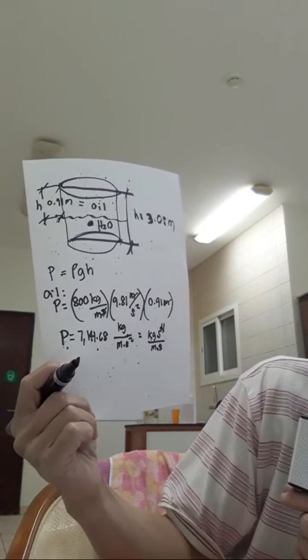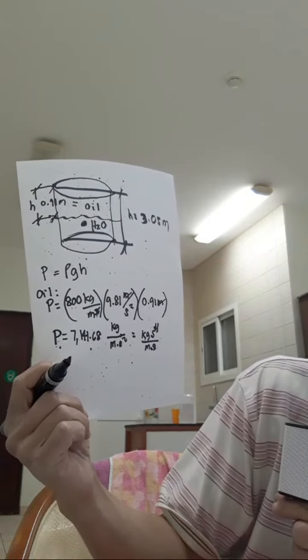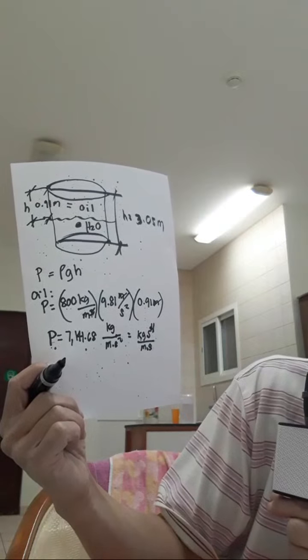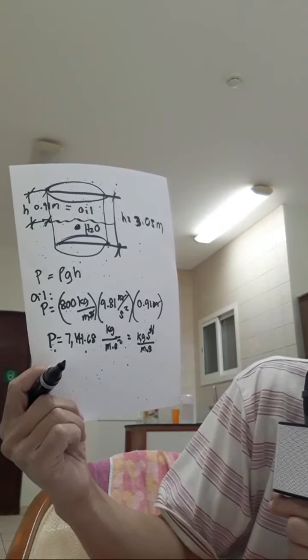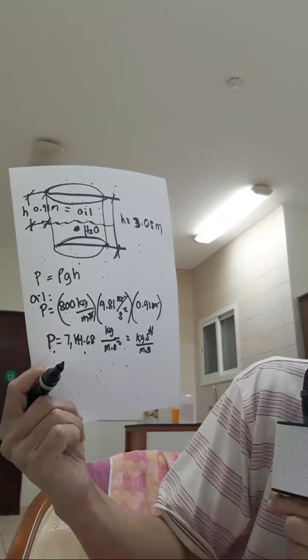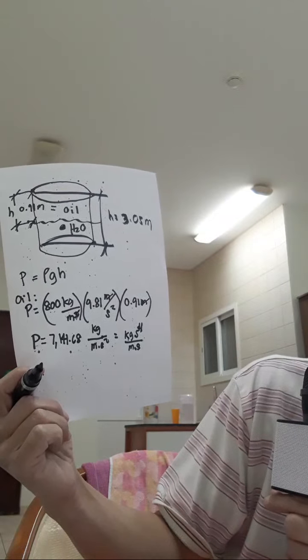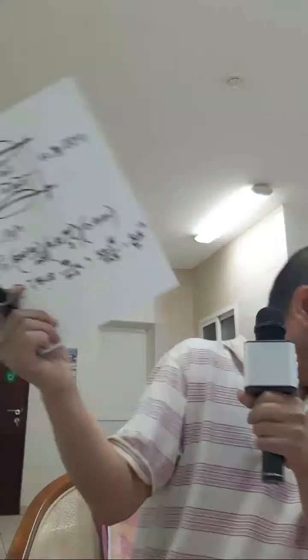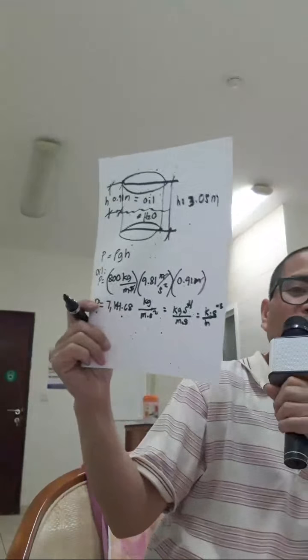Okay, like that, and then kilogram. And then the S will go up, so it will become S negative 1, or kilogram meter second negative 2, like this. Sorry.